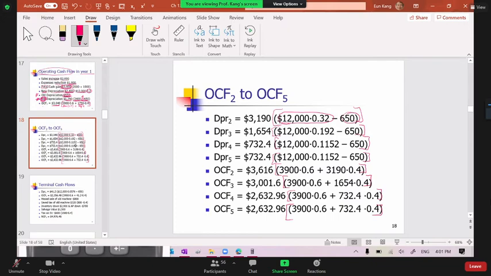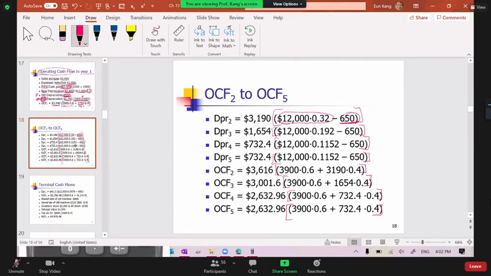Okay, so when you evaluate projects, you have to make sure that you include all the relevant cash flows. We call them incremental cash flows, right? Incremental cash flows are cash flows that are affected by your decision. Definitely, because of your decision of replacing the older machine, you are losing 650. So that is negative cash flow.